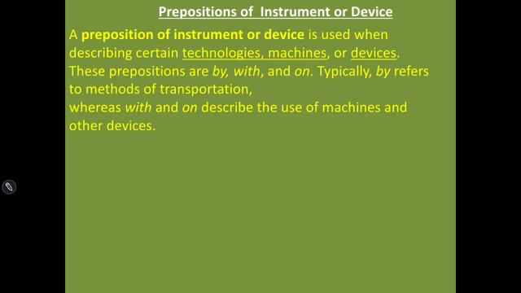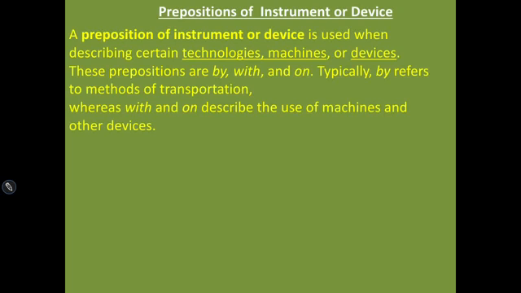When the medium of an action is not a person but a technology, instrument or device, then we use the preposition of instrument or device, and they are by, with and on.